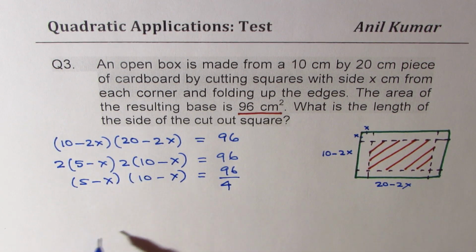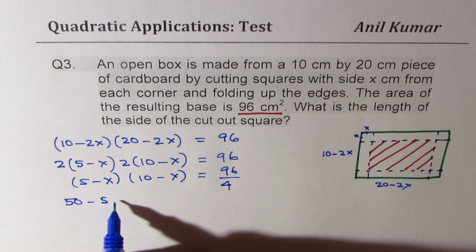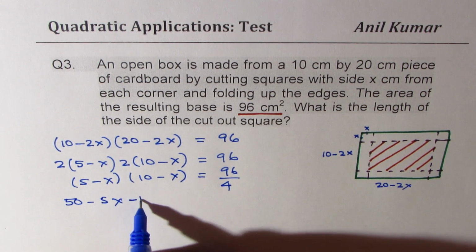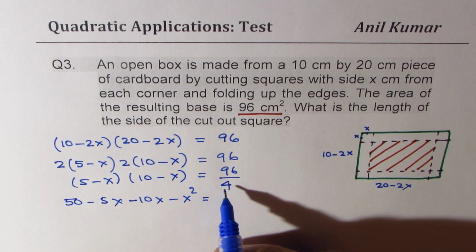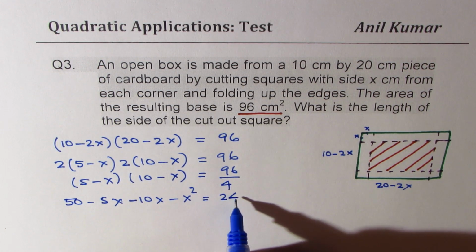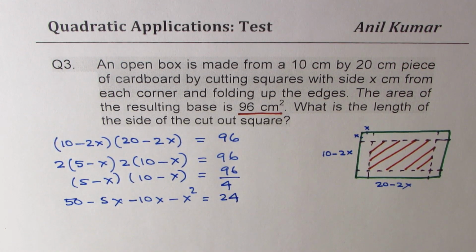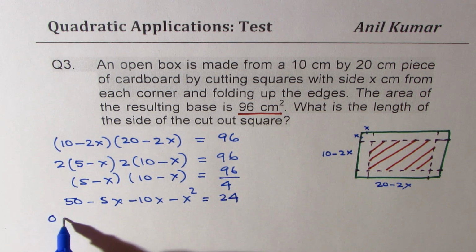So 5 times 10 is 50. 5 times minus x, 5, then we have minus 10x. Then we have minus x squared. And when you divide 96 by 4, 4 times 2 is 8, 16, 24 we get, right? Bringing all terms together, just keep 0 here.